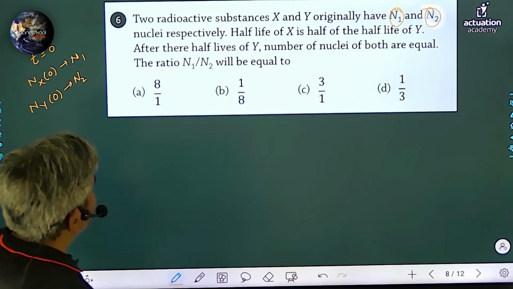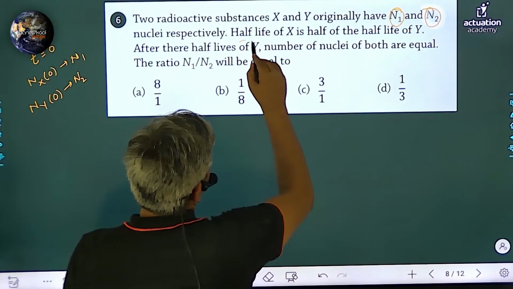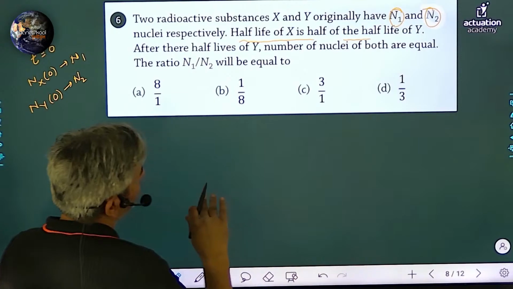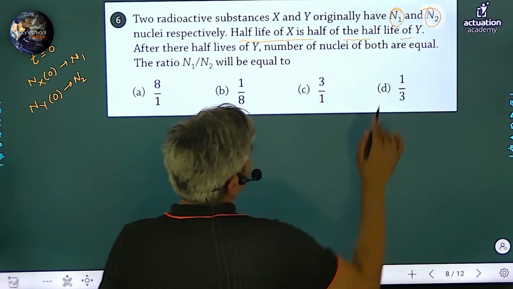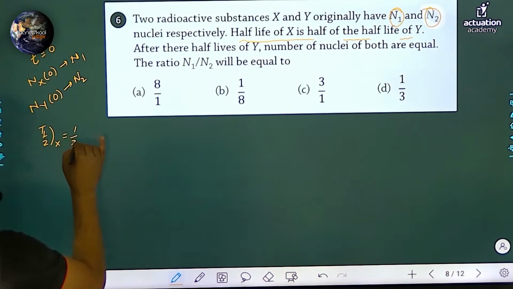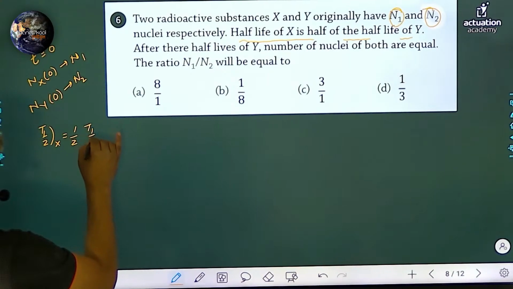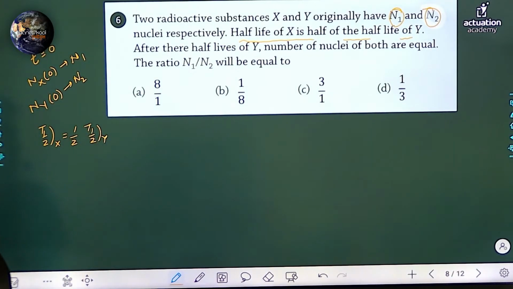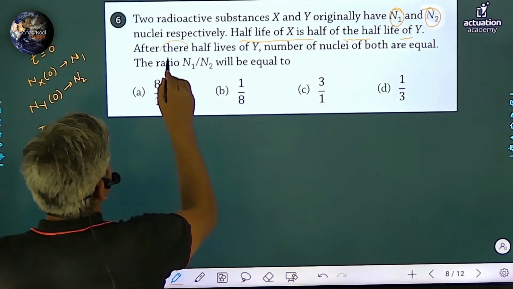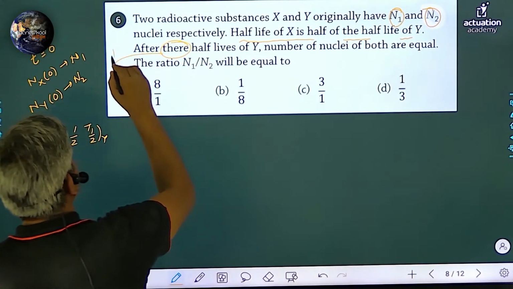The half-life of X is half of the half-life of Y. So it is given that T half of X is half of T half of Y.